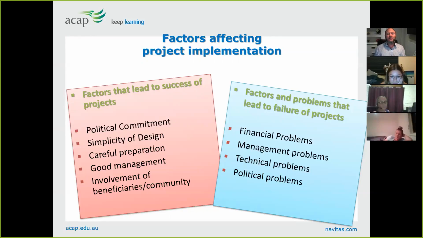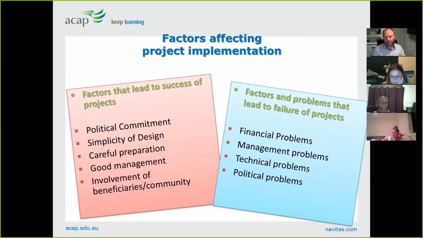So factors affecting project implementation, factors that lead to the success of projects, number of things listed here, and factors and problems that lead to the failure of projects. That's the one I want to focus on the most. I mean, it's fairly evident, but if we don't keep on top of some main things, we definitely don't want our project to fail. Financial problems, management problems, technical problems, political problems.